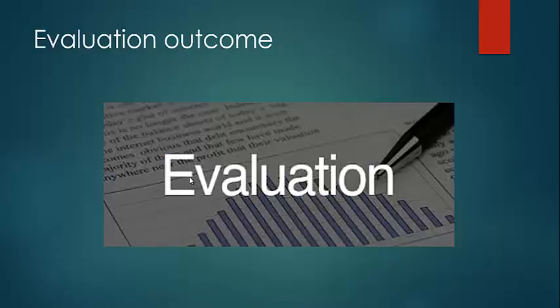Finally is the evaluation of the outcome. To know you successfully solved the problem, it's important to review what worked, what didn't, and what impact the solution had. It also helps you improve long-term problem-solving skills and keeps you from reinventing the wheel.